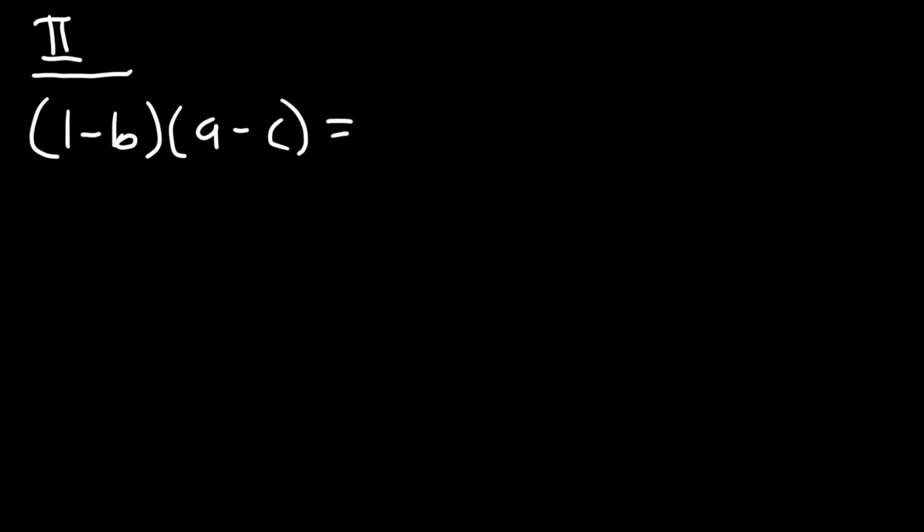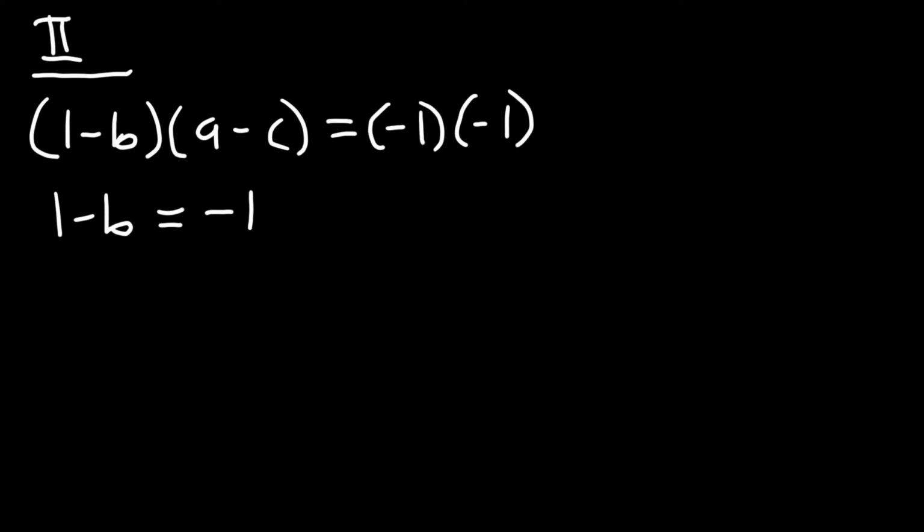Now let's look at the second case. This time we shall have 1 minus b times a minus c, and this will be equal to negative 1 times -1. If we compare both sides, we shall find 1 minus b to be equal to -1, and also a minus c to be equal to -1.